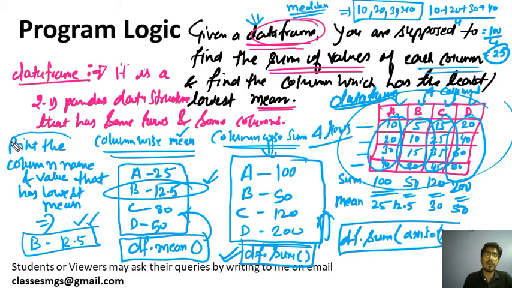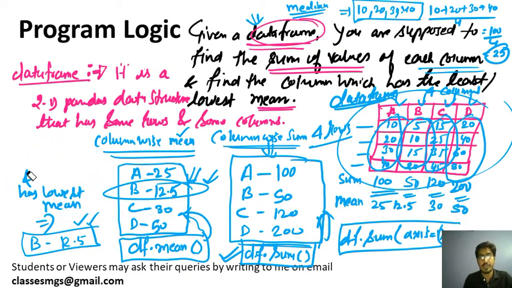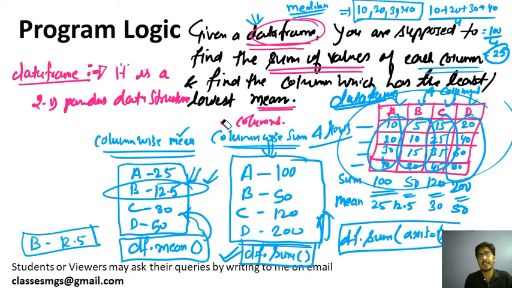Now the third problem is a typical problem. In this you are supposed to calculate the lowest mean and then print its column name. For that purpose you should know what the df.mean function actually returns, then you can sort it out. Let me show you how this logic can be built. If you understand the logic, then it will not be difficult for you to understand this problem.